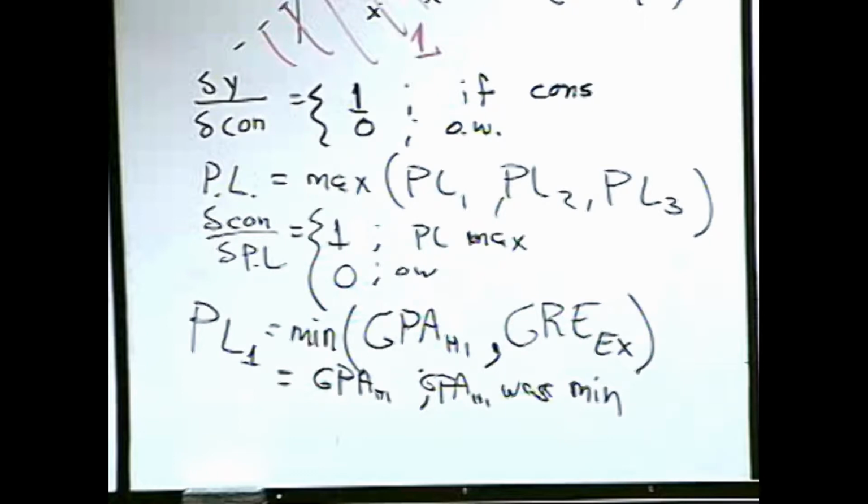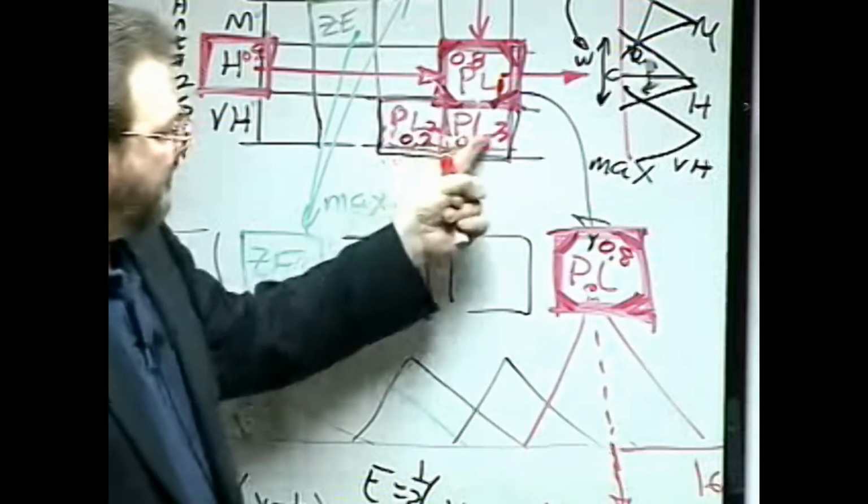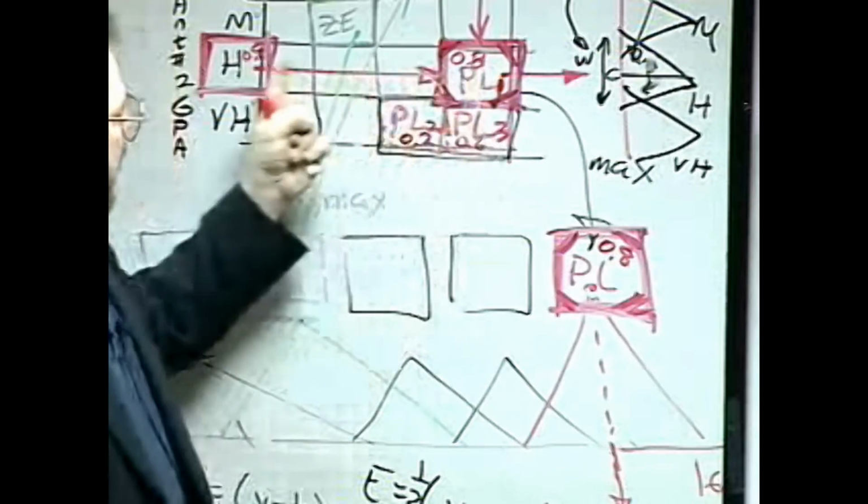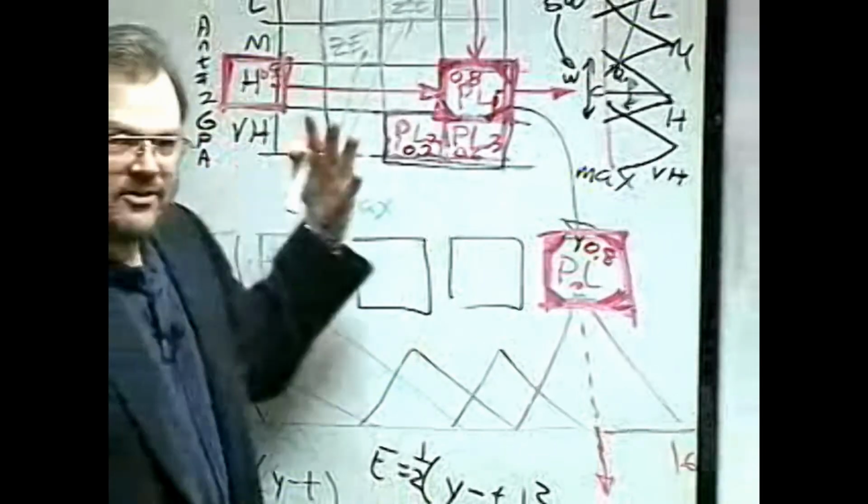If you take a partial of a minimum of a bunch of terms, you're going to get a pointer which points to the source of the minimum. Everything else is 0. So that's the reason in this model of classification we had this pointing to here because this was the maximum, this pointing to here because this was the maximum of these three, and then this one pointing to here because it was the minimum of these two. So the min-max gives us a very nice pointer sort of adaptation.